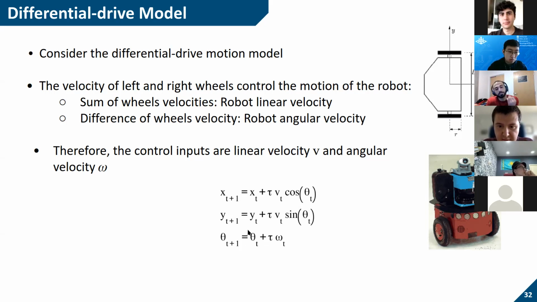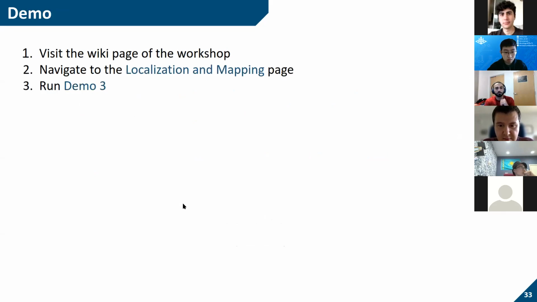The angular velocity controls the change in orientation, and the linear velocity controls the change in position. And so our next demo is basically trying to show why just relying on odometry is not a good idea.